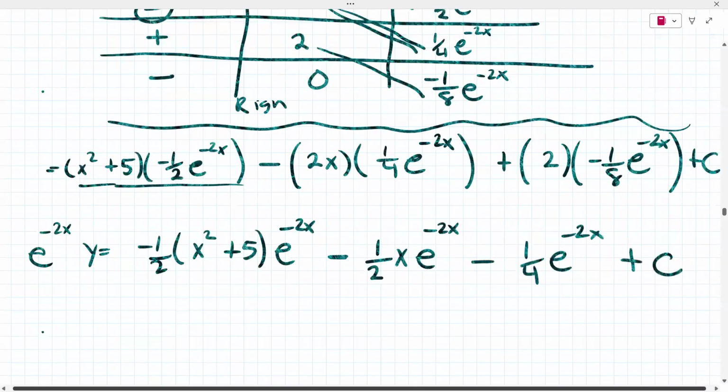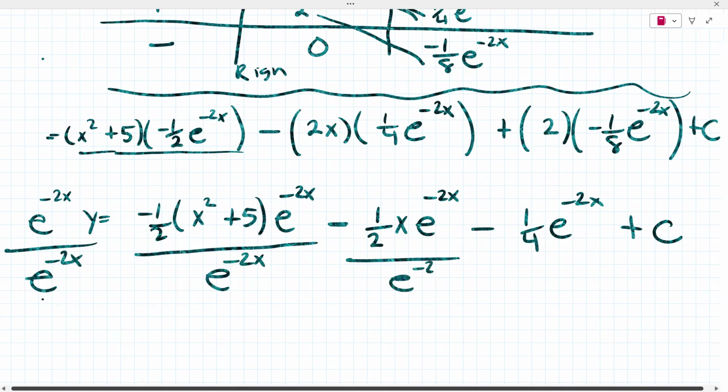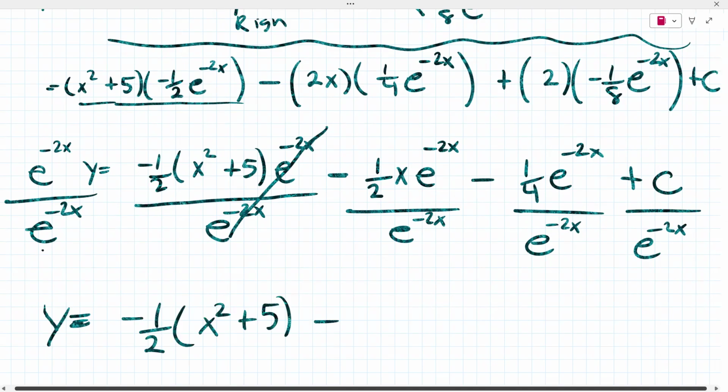And then if you solve for y, you would have to divide everything by e to the negative 2x. So this cancels, and then you're left with y equals negative 1/2 x squared plus 5, negative 1/2 x, minus 1/4, plus c e to the 2x.